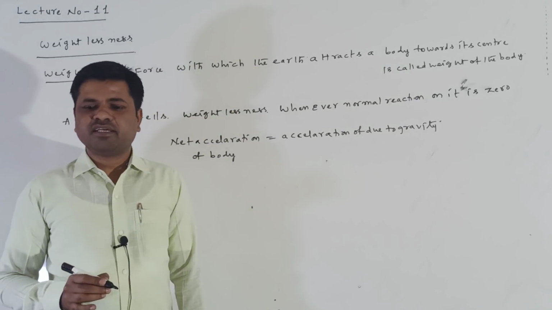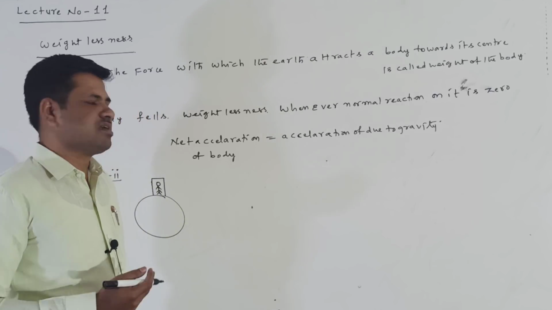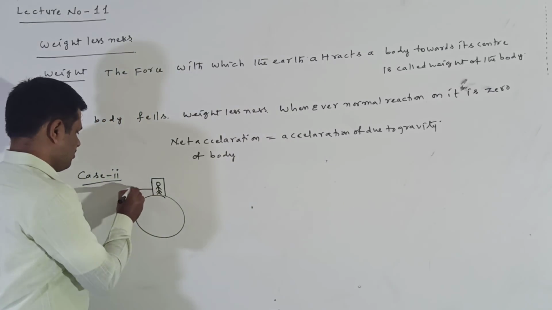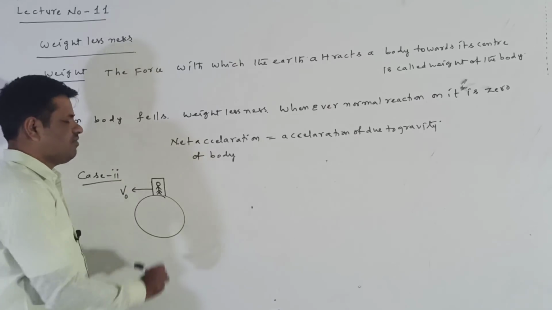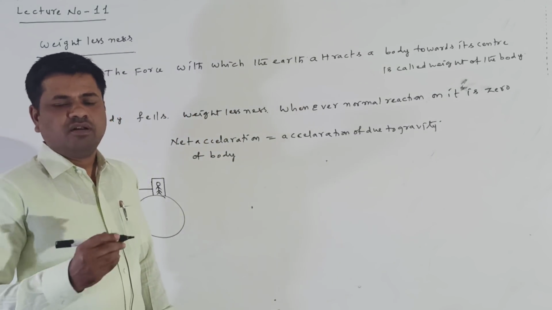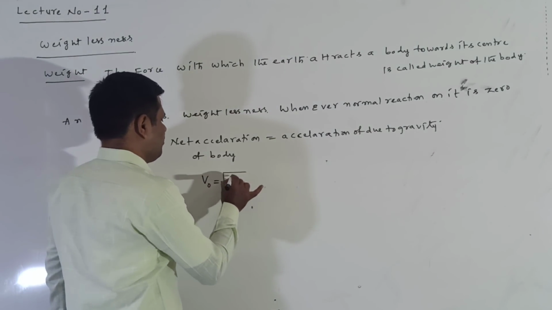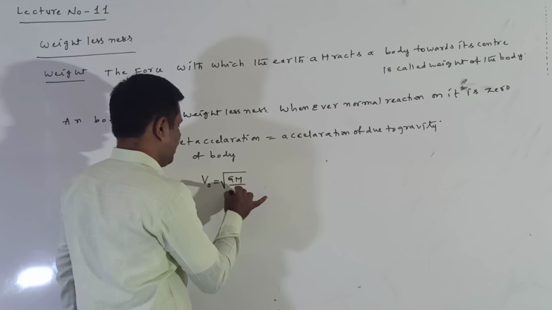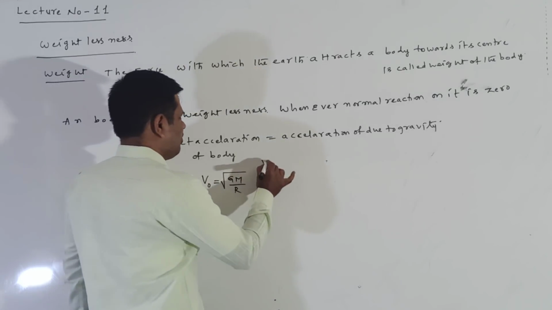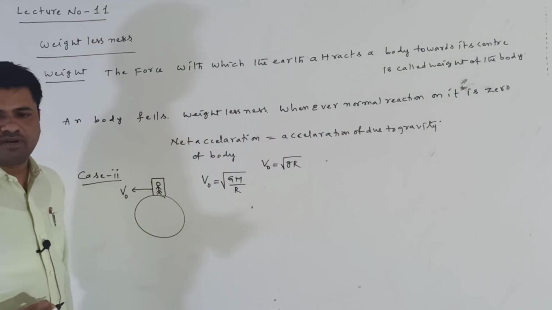The person is in a satellite which is revolving around the earth with orbital velocity v0. Now the orbital velocity formula, we know, is v0 equal to under root of GM by r, or another formula, under root of gR. Both are formulas we know.